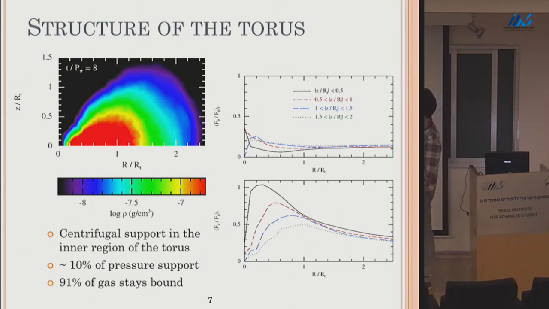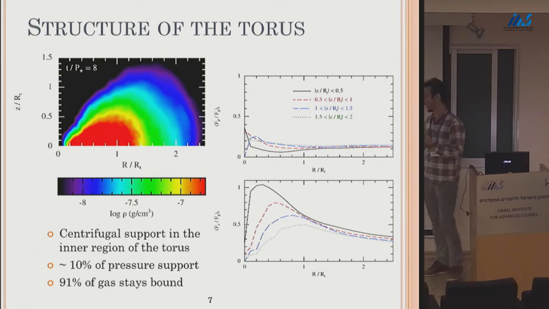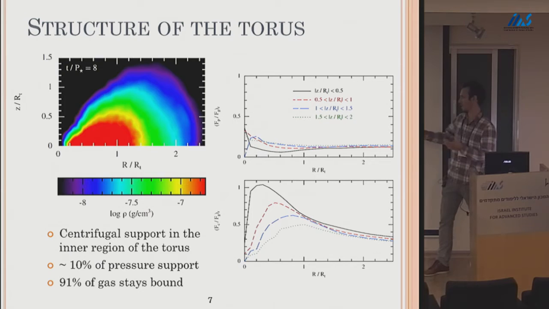And the pressure support in the whole torus is only of order 10%. Combined with the fact that 91% of the gas stays bound, which is the majority of the gas, it means that this torus is not in equilibrium, and that the outer region is likely to, at later time, fall back towards the inner region, which could lead to shocks and possibly more emission.